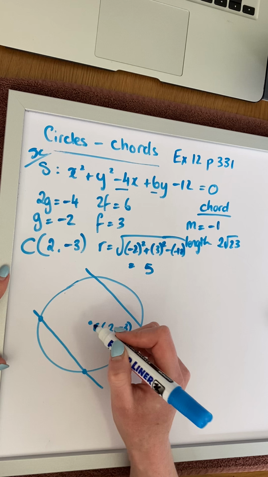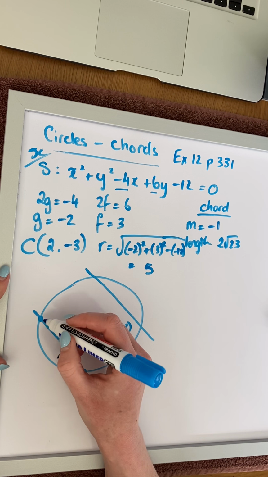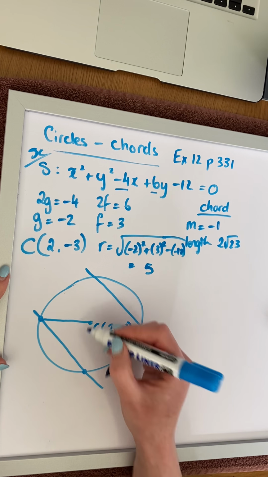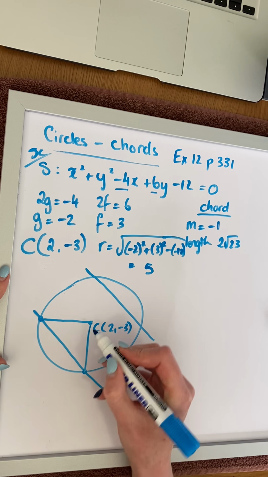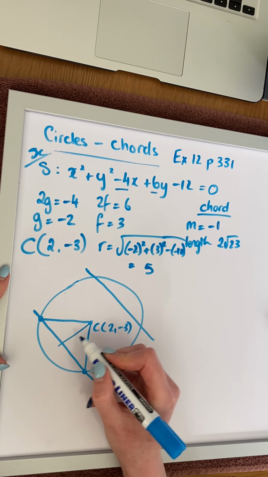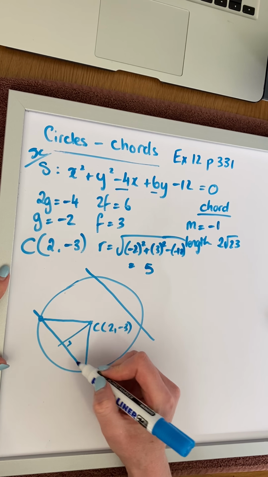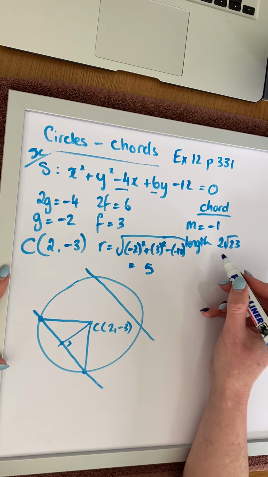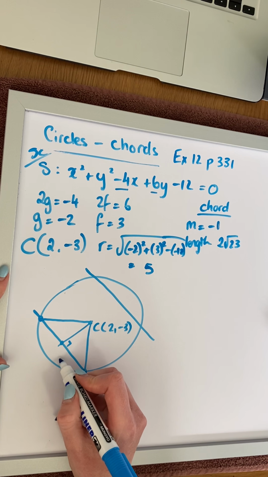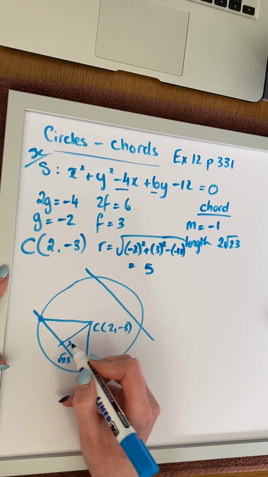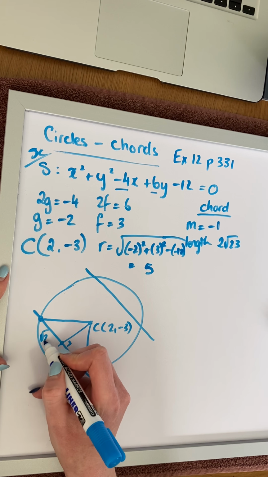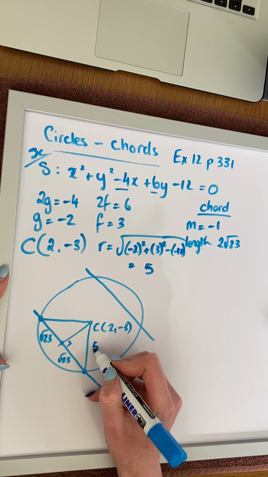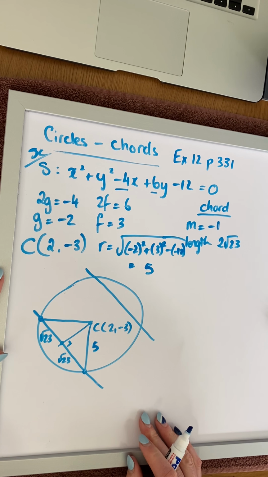So we're going to concentrate on this side here first of all, and we're going to fill in as much information as we can. So when we are dealing with a chord, always construct a right angle triangle here. Because this is the midpoint and the total length is 2 root 23, each side here is going to be square root of 23, and we know the radius is equal to 5.